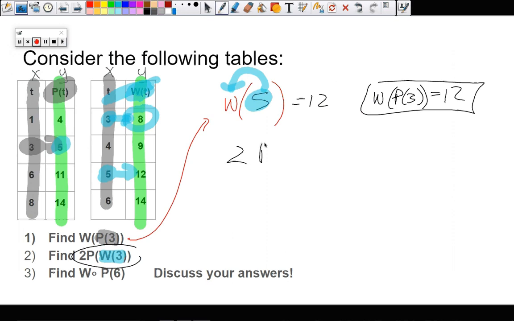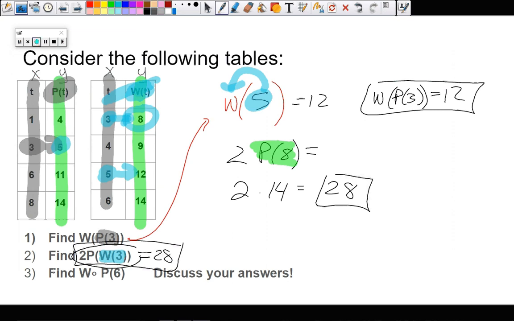So now I have 2 times p of 8. Let's find p of 8. Look up here. What's p of 8? 14. And if I now multiply that with 2, my final answer is 28. So you would put it just like that, and you could box the whole thing.